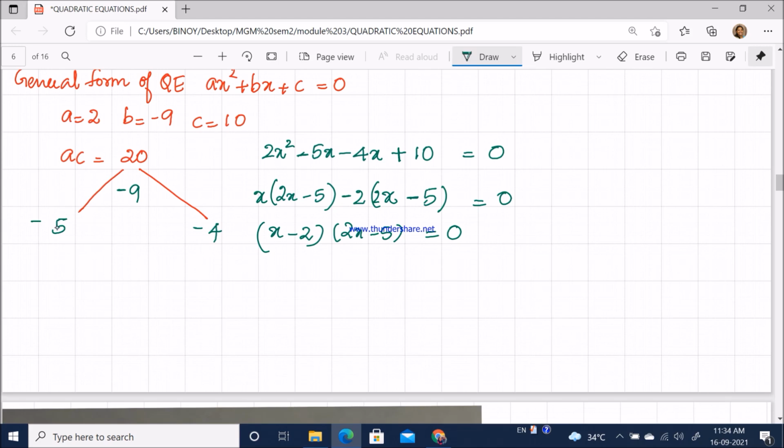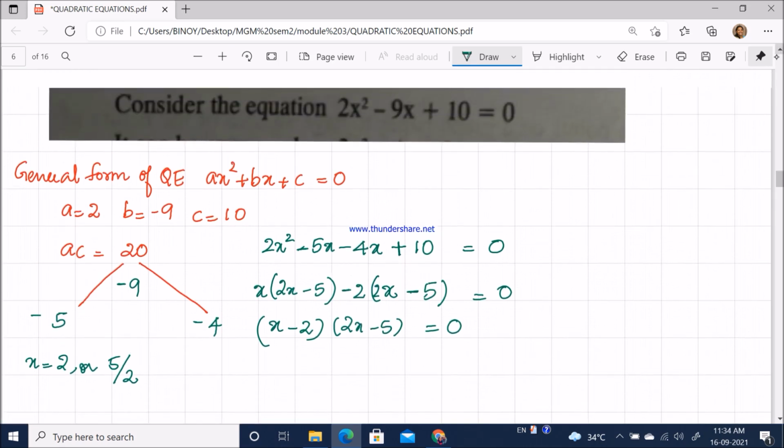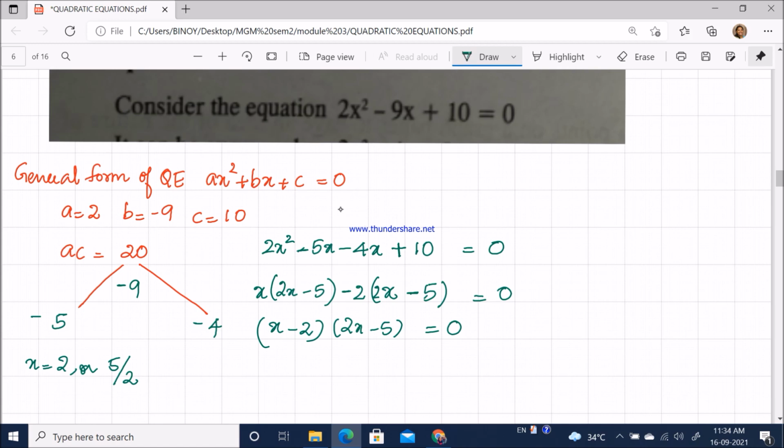So x can be 2 or 5 by 2. This is by using the factor method, solution by factors.